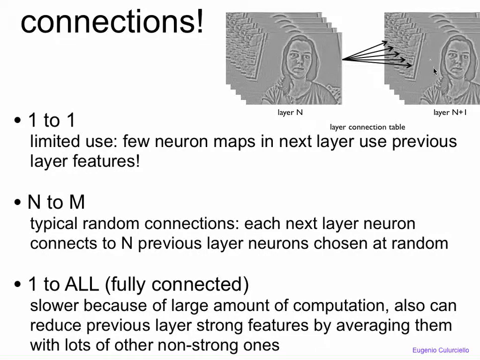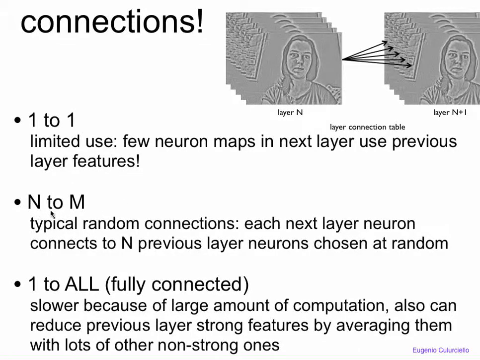So only the one map that is projected to will use what you found in the previous layer. So it's maybe not the best choice because you're not taking advantage of combining features together, and that's what you usually want in a deep network. You want to try to combine the effect of multiple of these filters into the next layer so that you can start creating groupings of features.